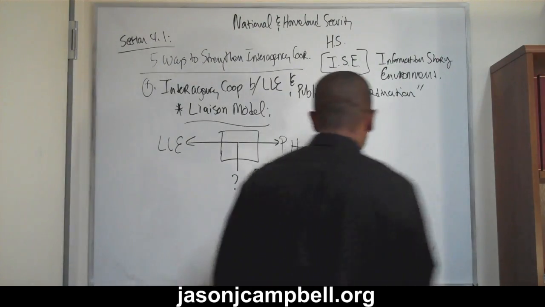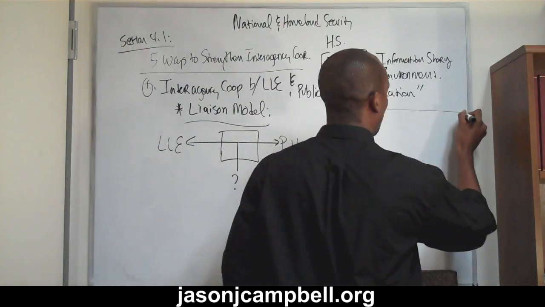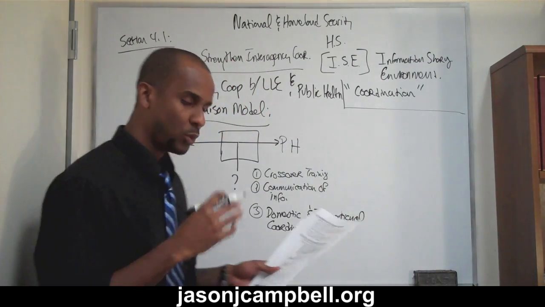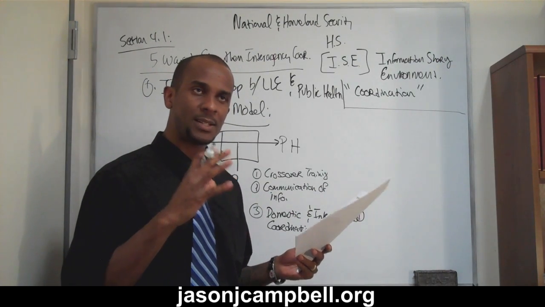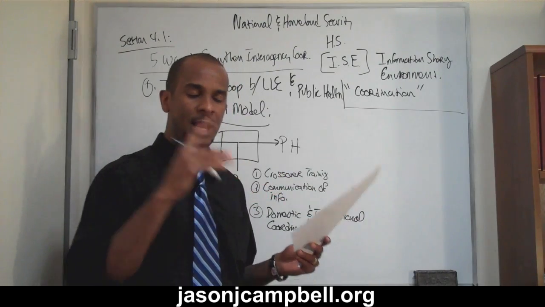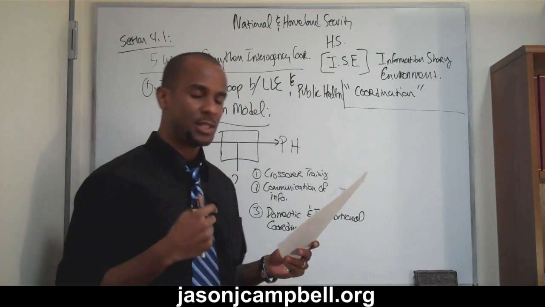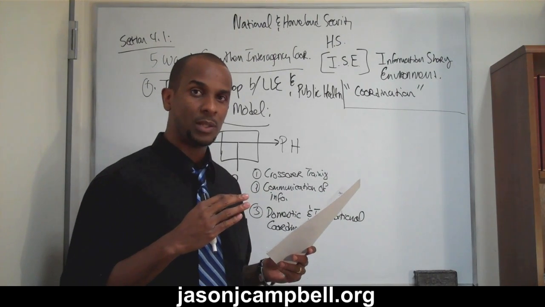So if we want to look at this interagency cooperation, and if coordination is our goal, right? Coordination is obviously our goal for creating a successful information or intelligence sharing environment, and that's a conduit to better security on a national level.